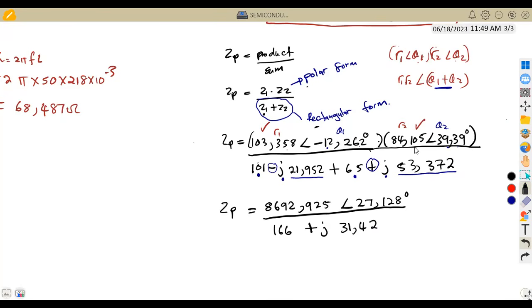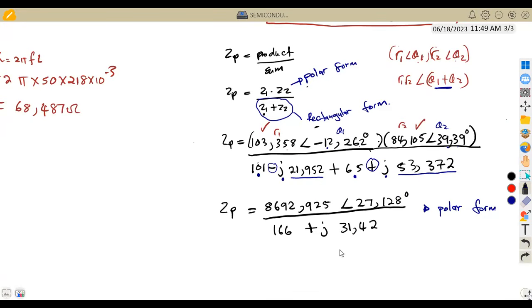But as you can see, our ZP is not in simplest form. So what can we do? This is a division, and like I said, multiplication and division are best worked in polar form. So we have no option but to convert this part in rectangular form to polar form, because the numerator is already in polar form.